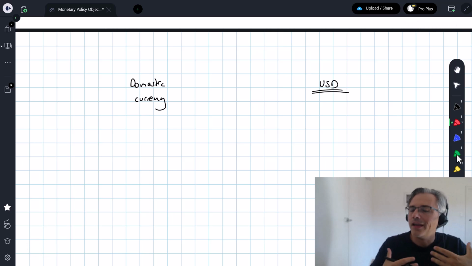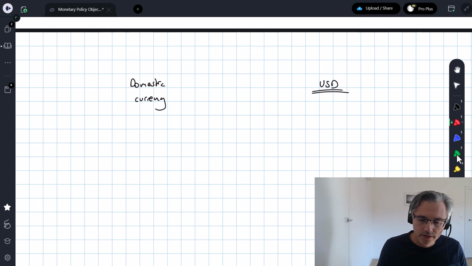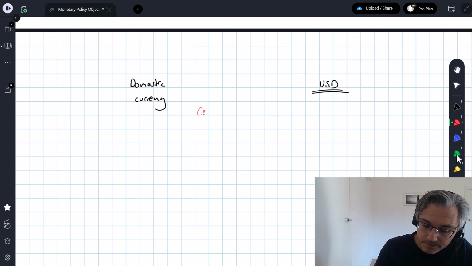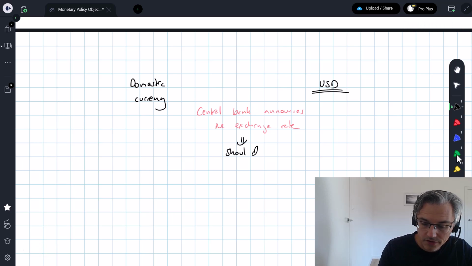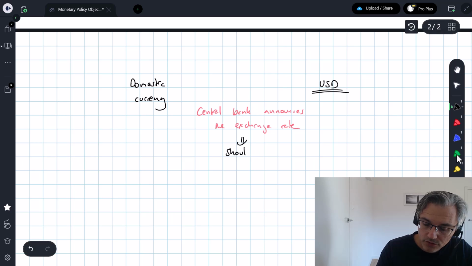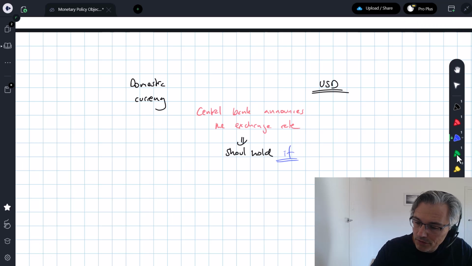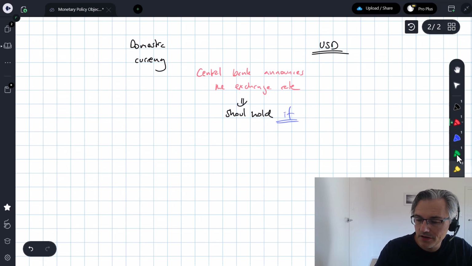So how would this work in practice? First of all, the central bank, or the government, announces the exchange rate, and that exchange rate should hold, ideally, but only if a very specific condition is met.